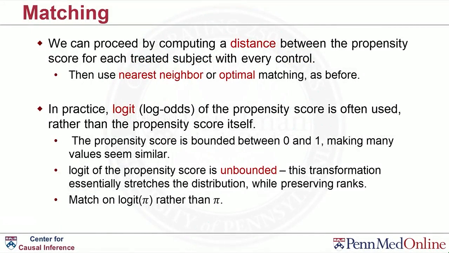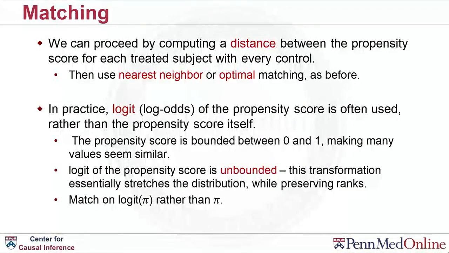Trimming the tails is an optional step, but it's certainly good to look at the propensity score distributions, see what overlap is like, and then make a determination on whether you want to trim the tails or not. After that, we could proceed to match. What we'll do now is match on some distance measure based on the propensity score. Now we have a single number for each person that we're going to match on.